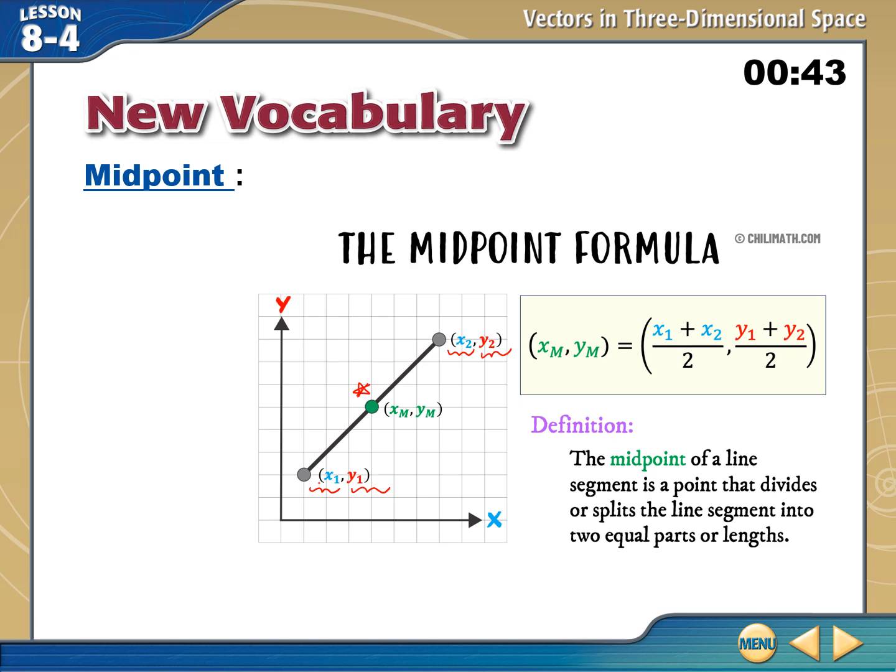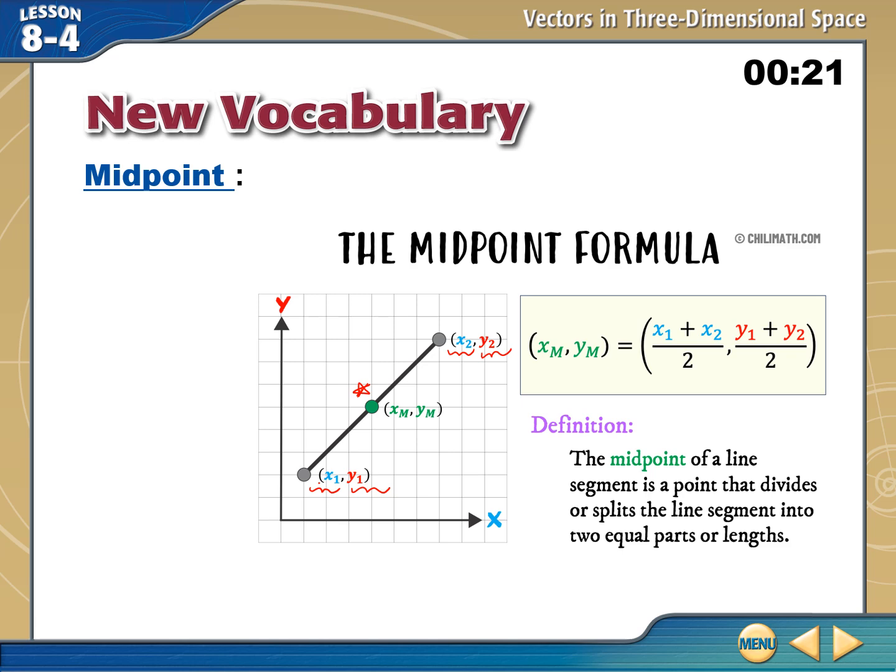What is actually the midpoint of a line? If the two points are joined, the coordinates of the initial point are x1 and y1, whereas the coordinates of the final or terminal point are x2 and y2.